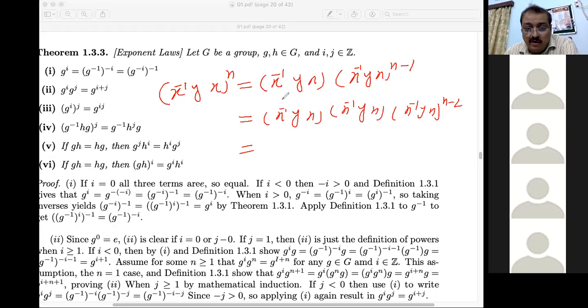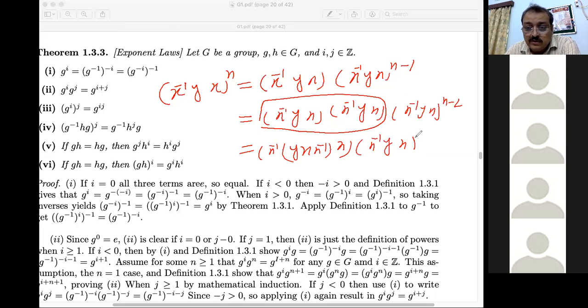So now if we apply the generalized associative law onto these two terms, we get x inverse y x x inverse y x, and the next term is x inverse y x to the power n minus 2.